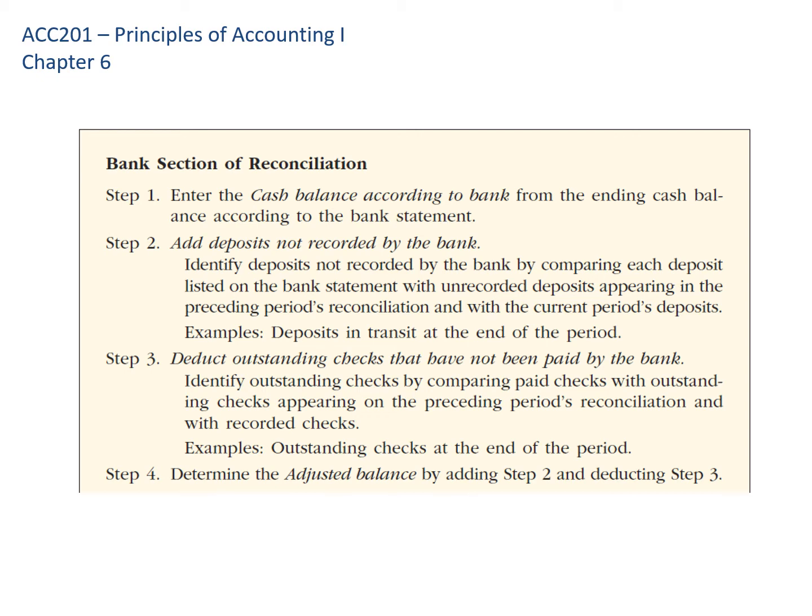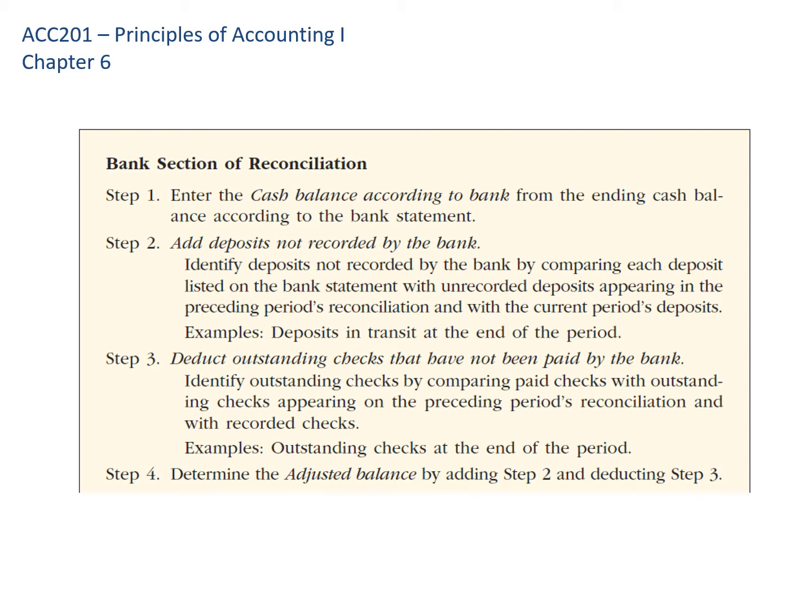There's also outstanding checks. So if I write a check to somebody in New York and I write it on the 30th of July and I put it in the mail, I'm going to deduct that in my check register, right? I'm going to deduct that in my accounting records. But the bank hasn't seen that check yet. It's got to make its way to New York.